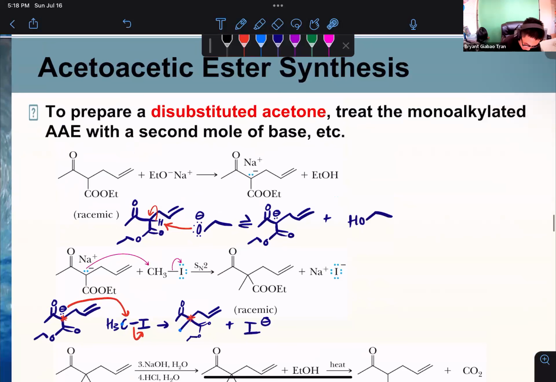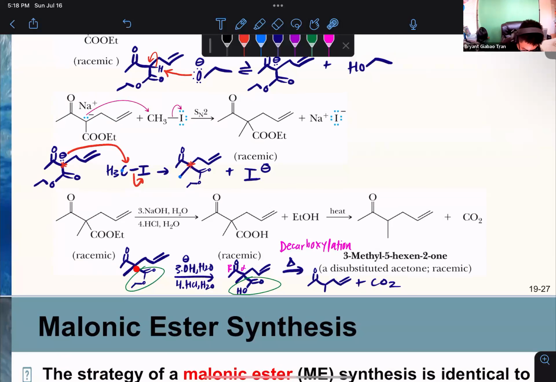You see how here for the disubstituted thing we had another alpha hydrogen to make the nucleophile, the enolate anion, to attack another RX group to alkylate it. In this case, if we wanted to do a tri-substituted thing, there would be no alpha hydrogen here. Since there's no alpha hydrogen, we can't have a tri-substituted product.